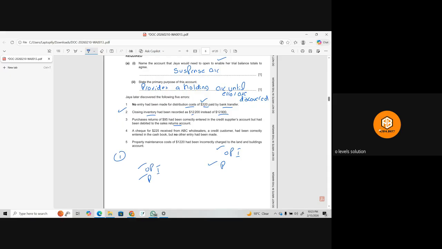So what we will do now is credit the sales return account, because we need to decrease it. And since there is nothing on the suspense, the suspense account will be debited.